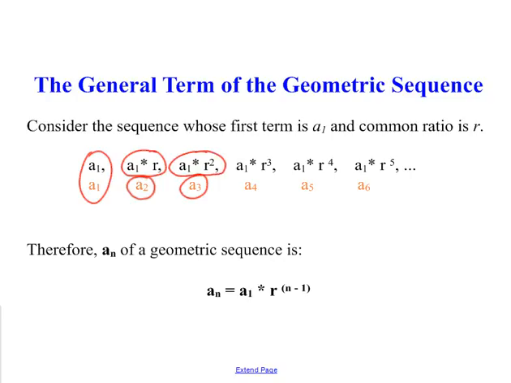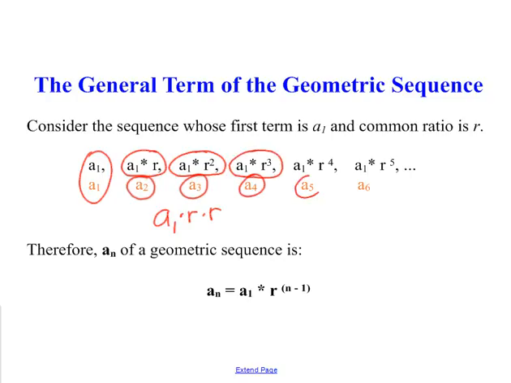Now, don't be confused. This is not a sub 1 times 2r, because if we did a sub 1 times r twice, it would look like this. And of course, r times r is r squared. Continuing this pattern, to get the fourth term of the sequence, we would take the first term and multiply by the common ratio 3 times.